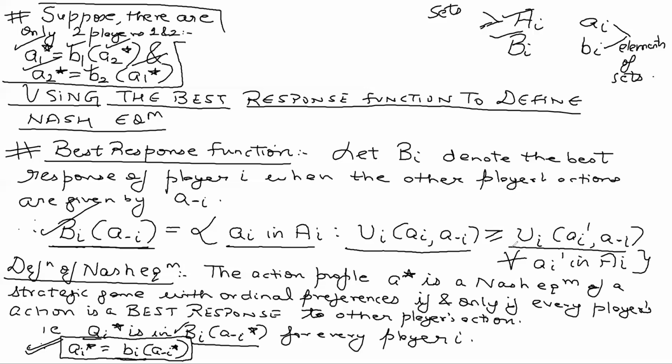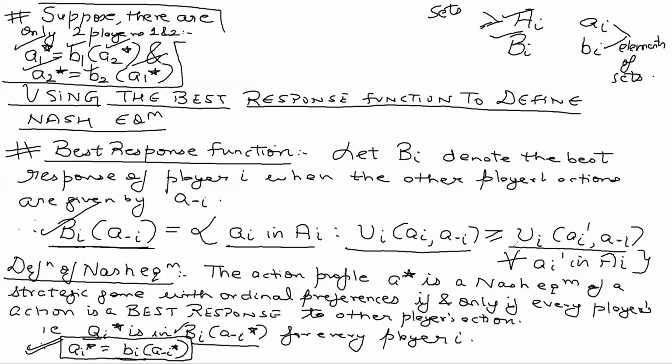And the Nash equilibrium definition, which we have seen using the best response function: an action profile A star will be called the Nash equilibrium of a strategic game with ordinal preferences. Ordinal preferences means you can rank them, you can rank the payoffs.